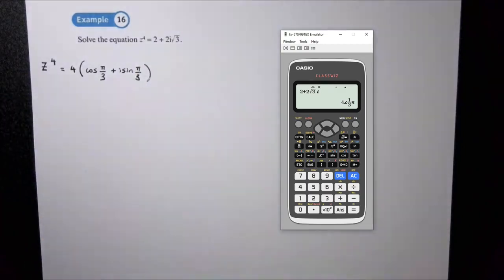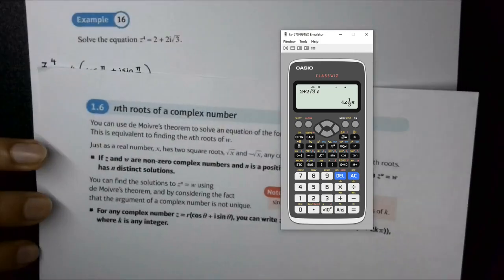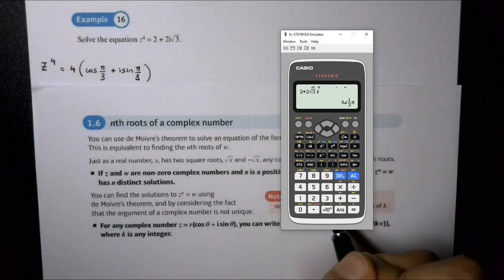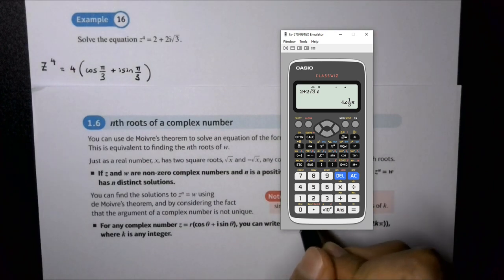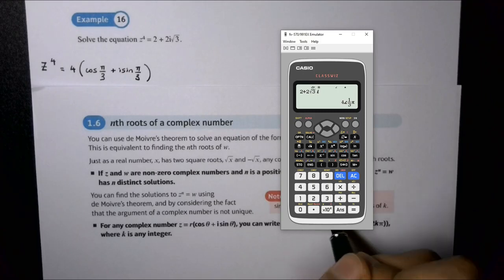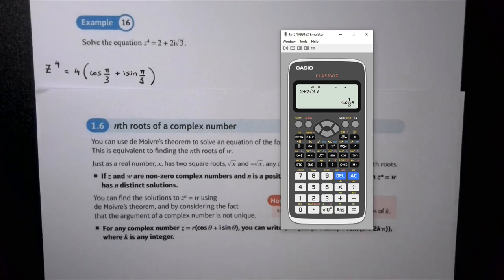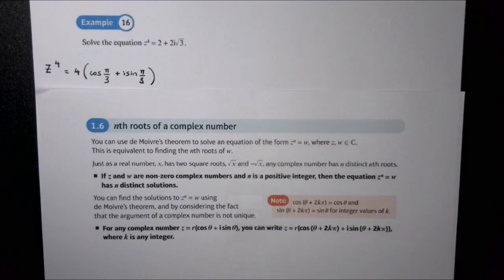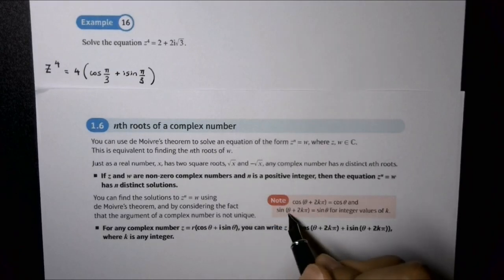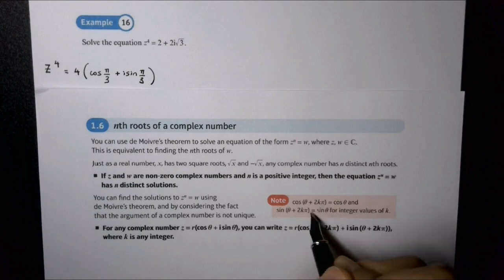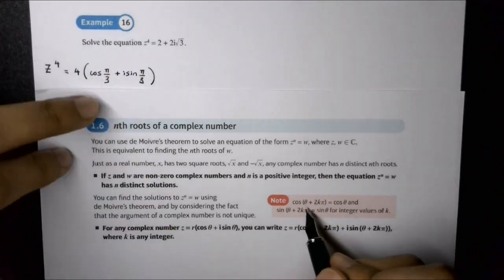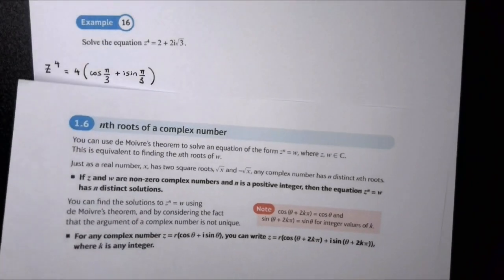Now, if you remember what we said at the start of this video, because cos and sine are periodic, we can rewrite cos theta as cos of theta plus 2k pi, and we can write sine theta as sine of theta plus 2k pi. So we will be using this idea to help us rewrite this result.